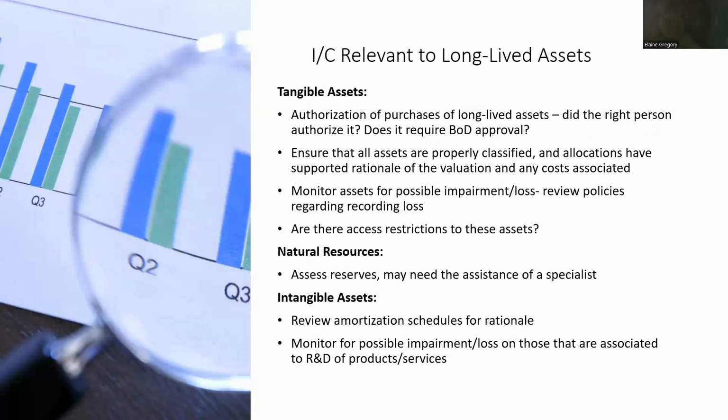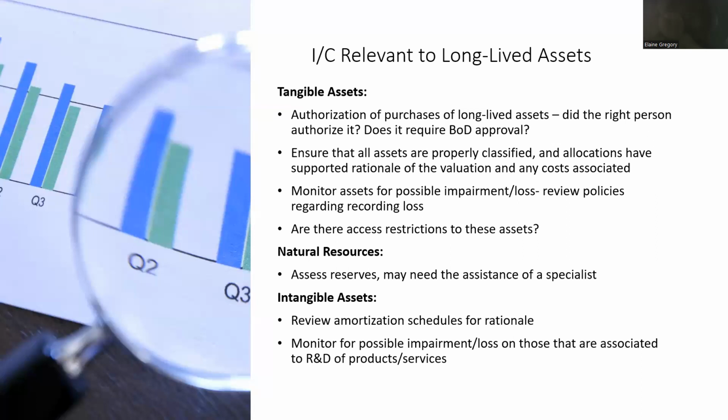When we're thinking about natural resources, we may have to be looking at internal controls as to the authorization and recording of the asset reserves. And you may need the assistance of a specialist.